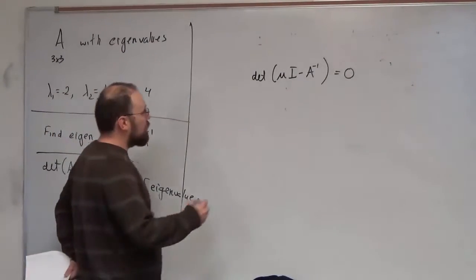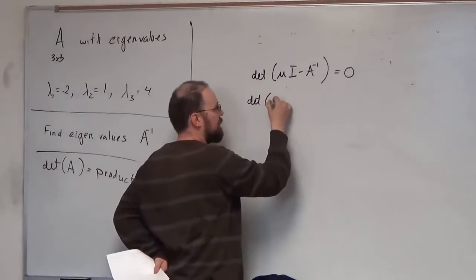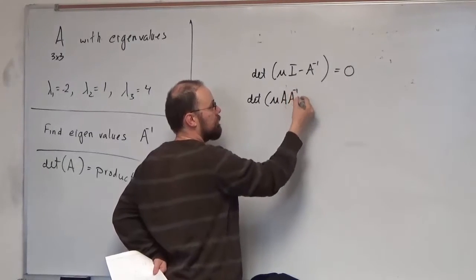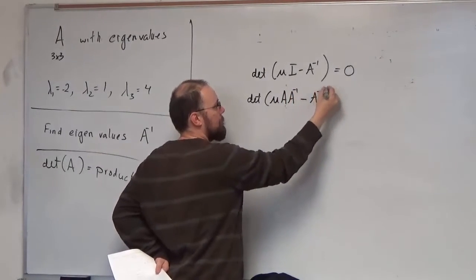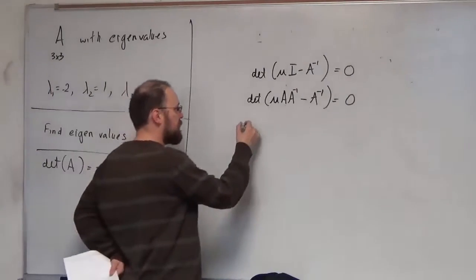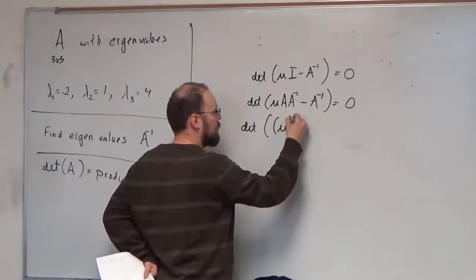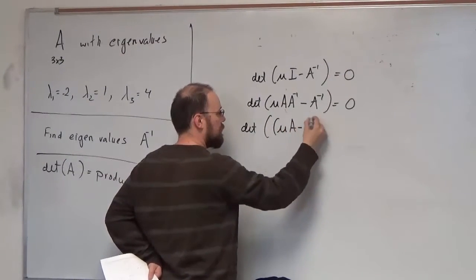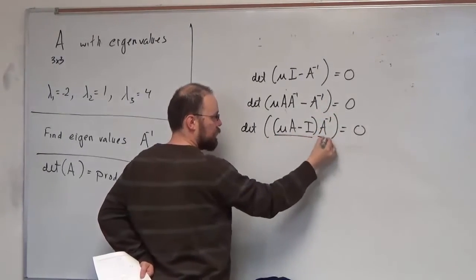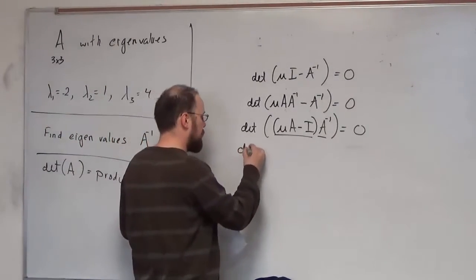Now, notice that I can write the identity as A times A inverse, and then I can factor out A inverse. So you have mu A minus I times A inverse. Now you have a product of two matrices, and we're finding the determinant, so use properties of determinants.